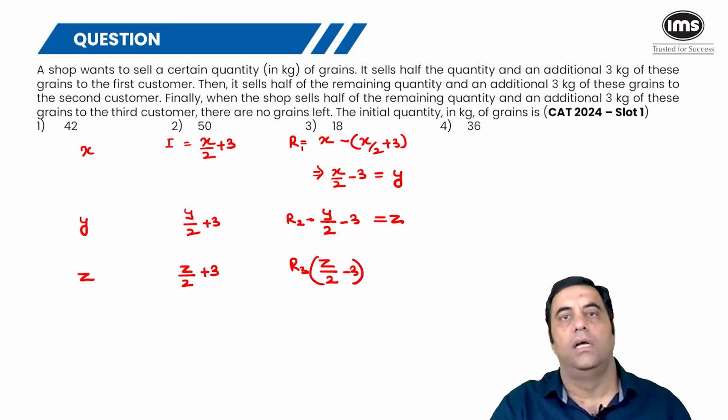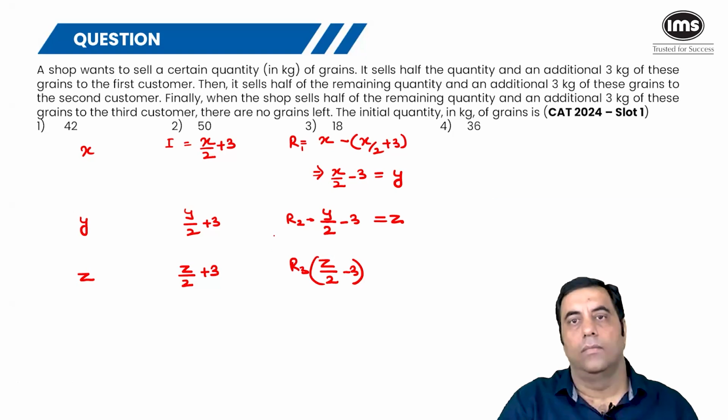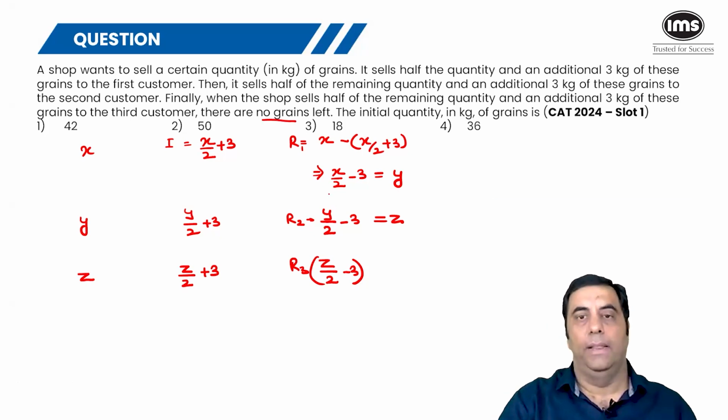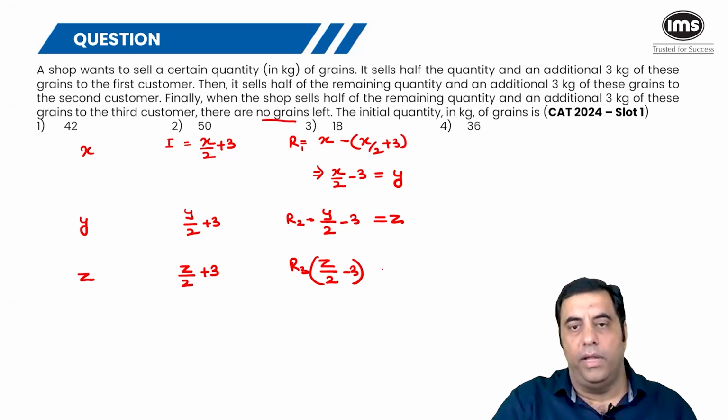I know that after the third customer no grain is left, so this remaining value should be equal to 0.